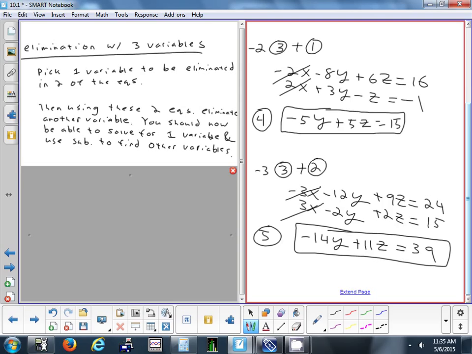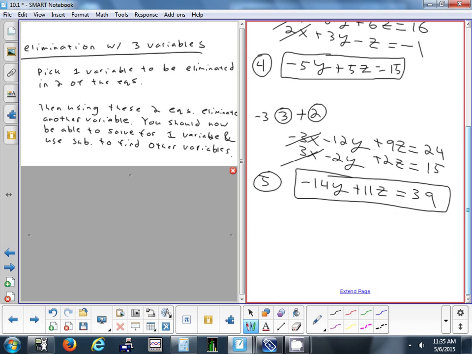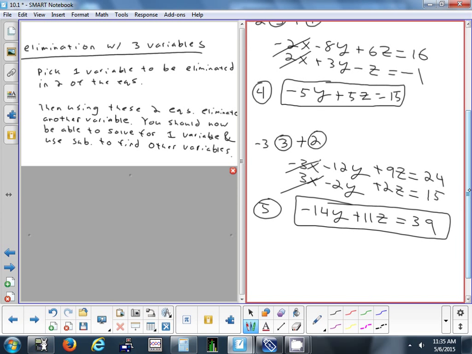All right, so it'd be nice if we could just multiply one equation by something, but I think we're going to have to multiply both. Okay.